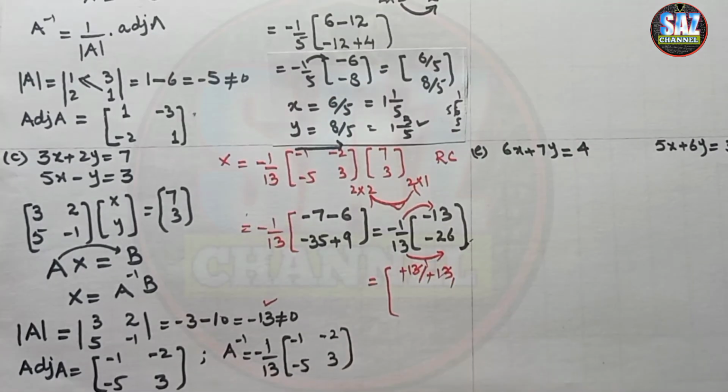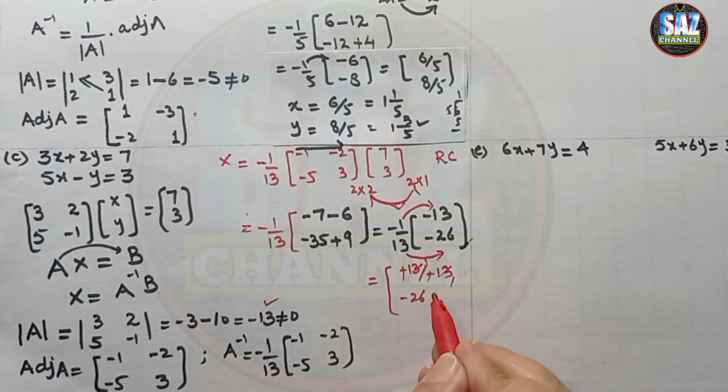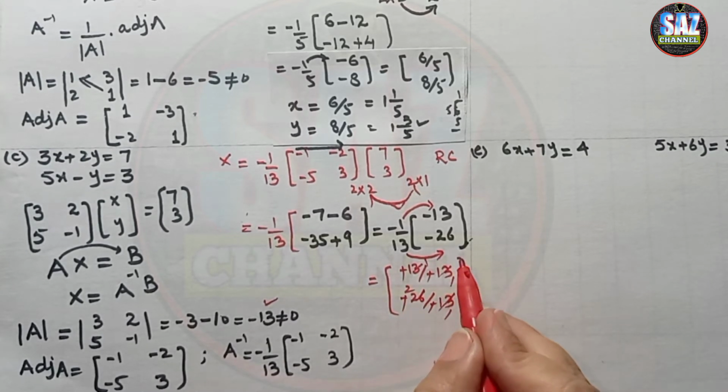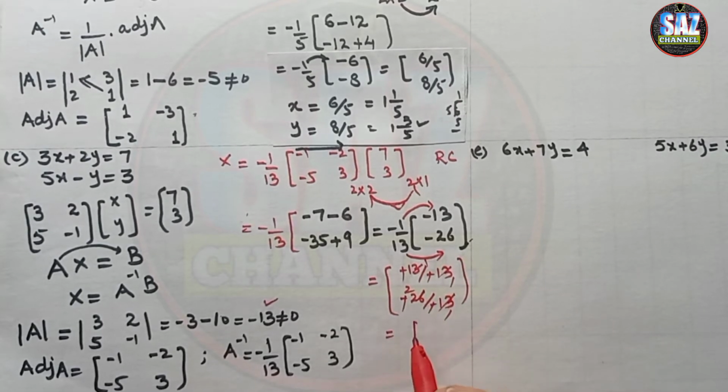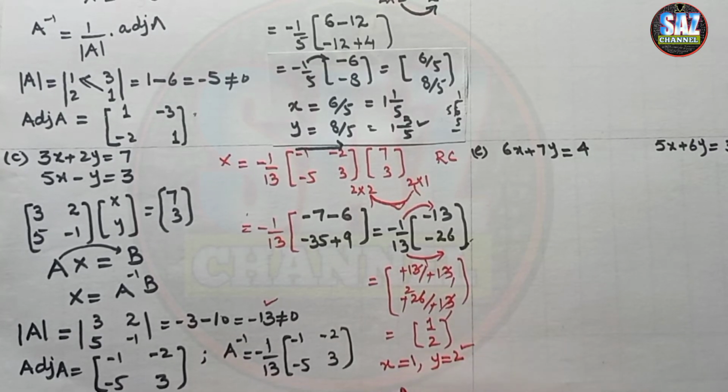And 26 by 13, minus 26 by minus 13, again minus sign goes with this, and 13 ones are 13, 13 twos are 26, and close the bracket, and this is equal to 1 and 2. So the value of x equals 1 and y equals 2. Very easy questions. And now we are learning the fourth method of substitution of simultaneous equations.